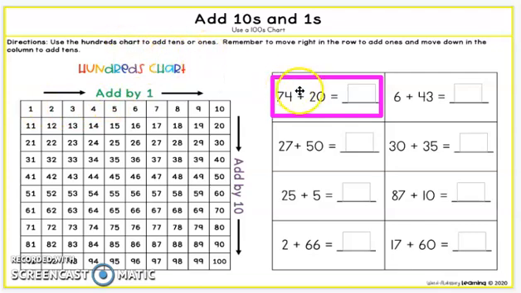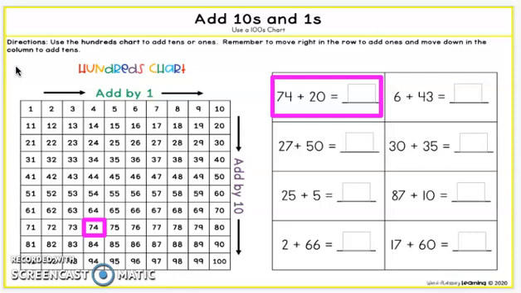All right. So look over here in my pink square, and this is the problem we're going to start with. It says 74 plus 20. Okay. What number am I going to start at? Excellent. Did you say 74? That's right. So I'm going to put my square around 74 because I'm going to start at 74.